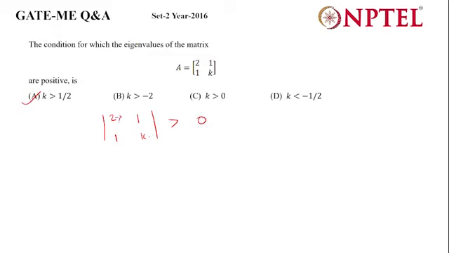The leading minors of this matrix, sorry, the characteristic matrix, should be positive. So you'll solve this. Ma'am, you can say the multiplication of the eigenvalues will be equal to the determinant of A. Yeah, we can do it by that also.